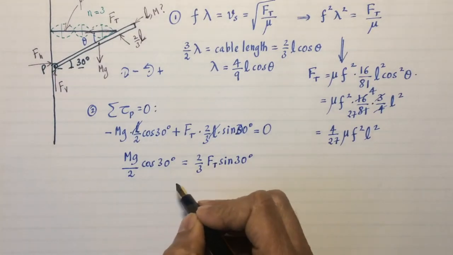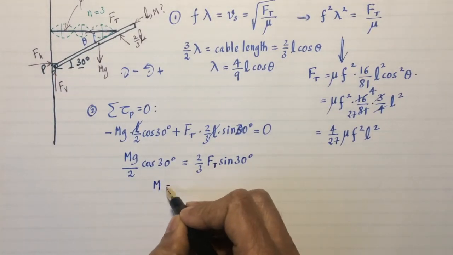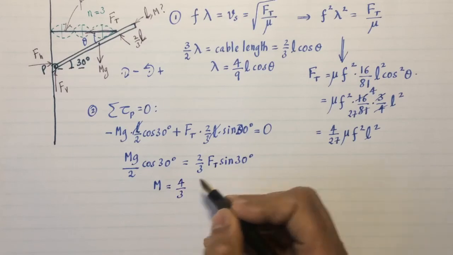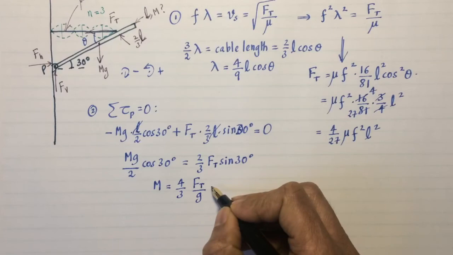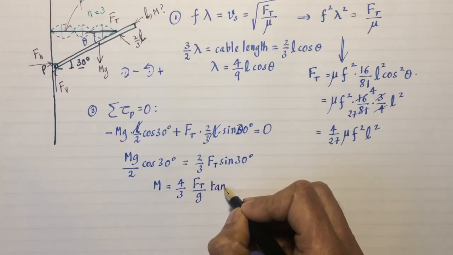That tells me that m equals 4/3 F_T over g tan 30 degrees.